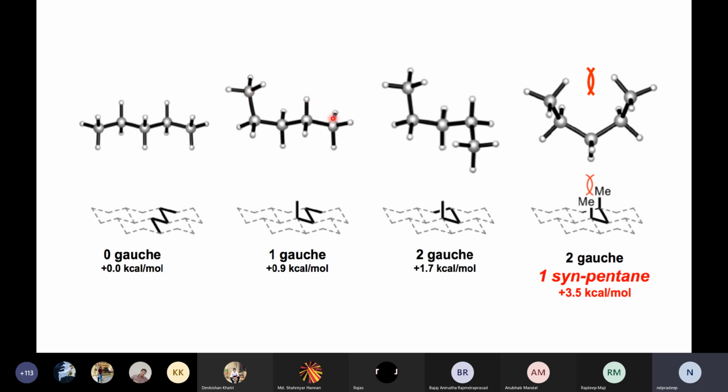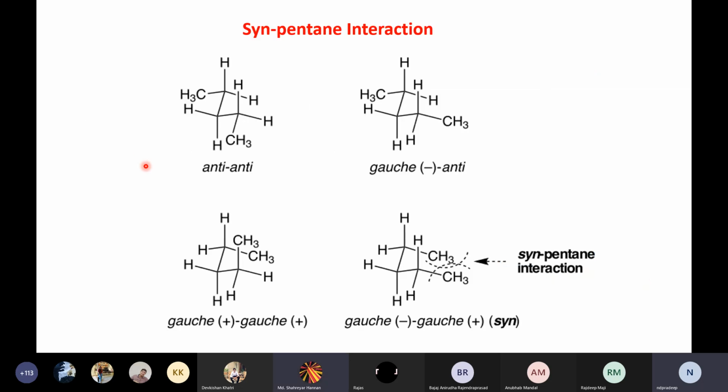This is basically the minus gauche and anti straight form, so this has 1 gauche. This one has 2 gauche, a plus gauche and a minus gauche. This also has 2 gauche forms, but this has a methyl interaction. That's why this has the higher energy. Now, if you look into the energy carefully, this is the best form.